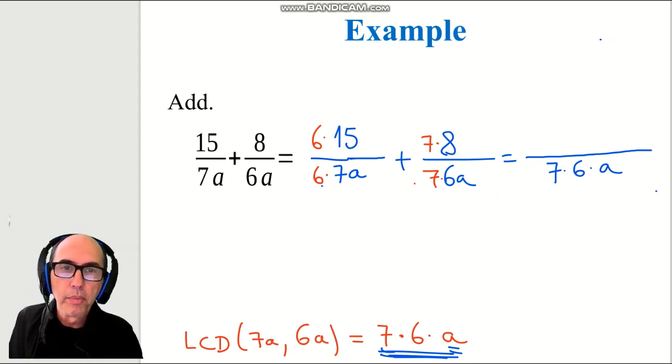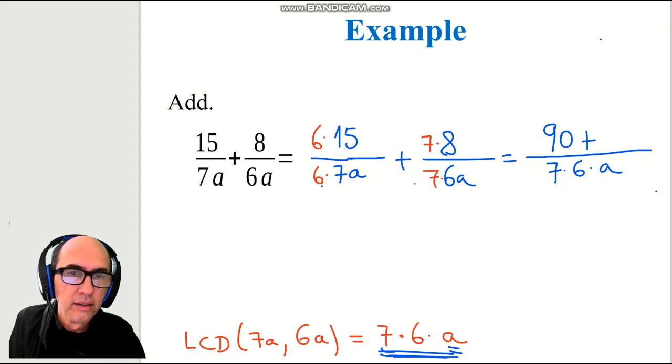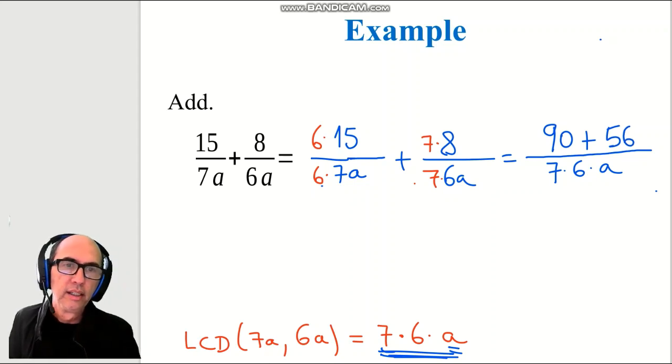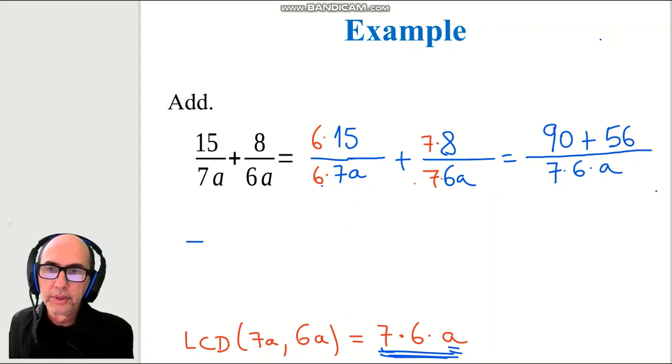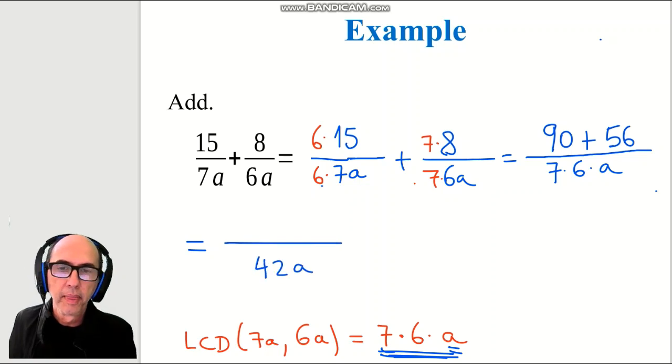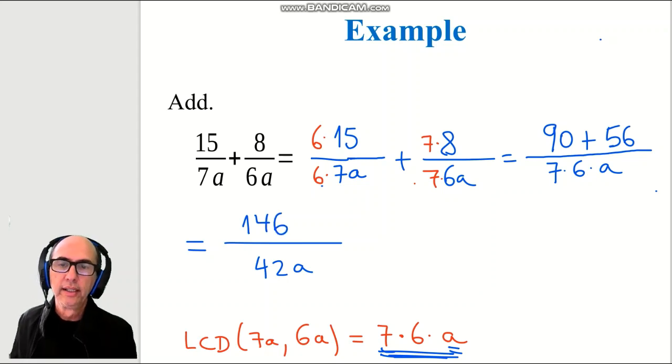And now we can simply combine the numerators. Well, 6 times 15 is 90. 7 times 8 is 56. And 7 times 6 is 42a. So 146 over 42a.